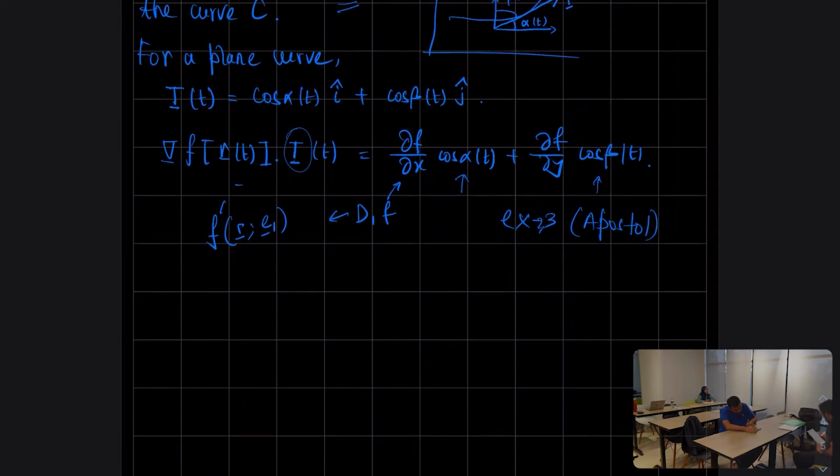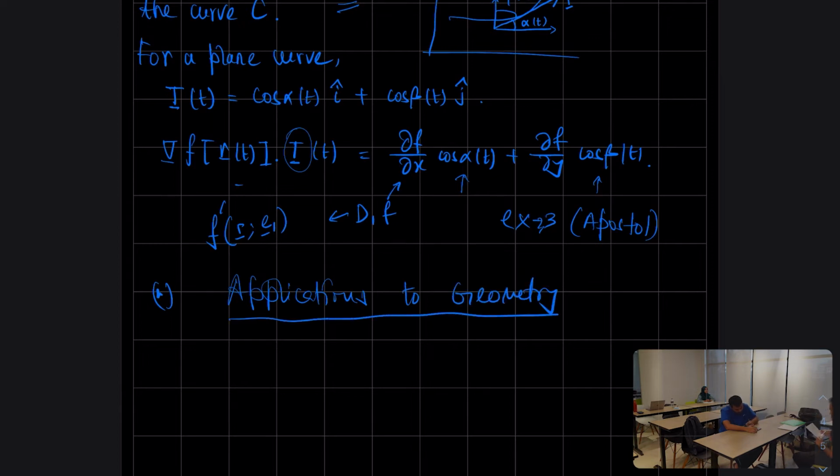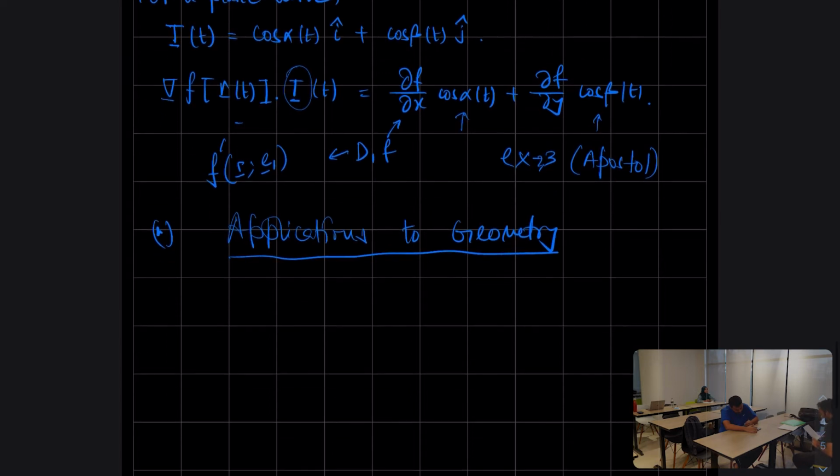Okay, so now applications to geometry. These will be level sets and tangent planes.